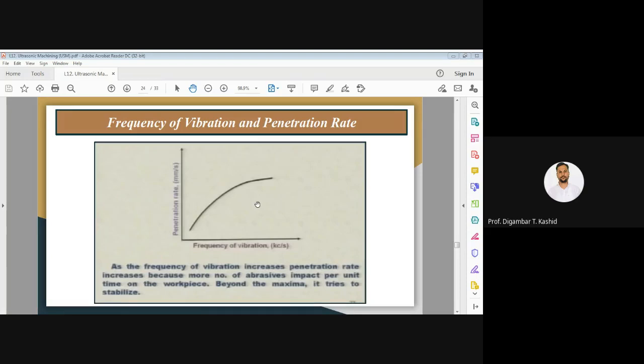So as the frequency of vibration increases, penetration rate increases up to a certain limit, because with more particle impacts per unit time on your workpiece, the rate will definitely increase. And beyond the maximum value it tries to stabilize, as you can see over here.